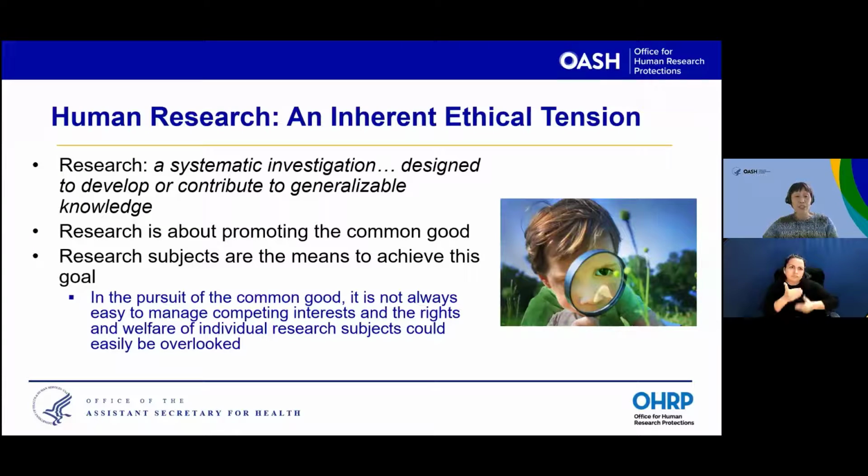Very often as we do that, and if our research involves human subjects, we may not be able to manage the competing interests, and we may forget to adequately protect the rights and welfare of these individual research participants. And when that happens, we would be using them really merely as our tool towards a different end. So that's not very good, right?